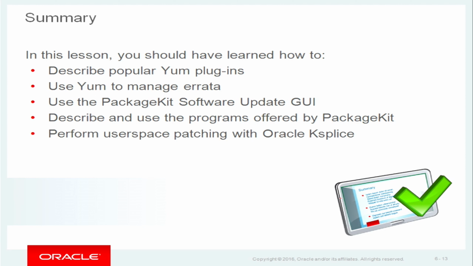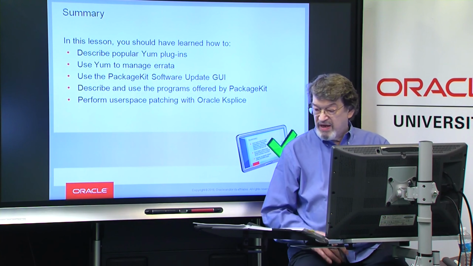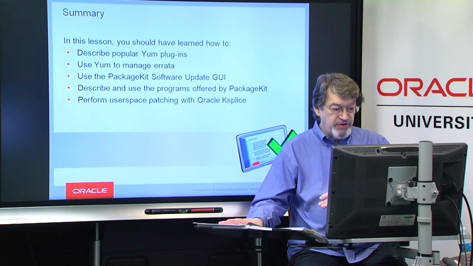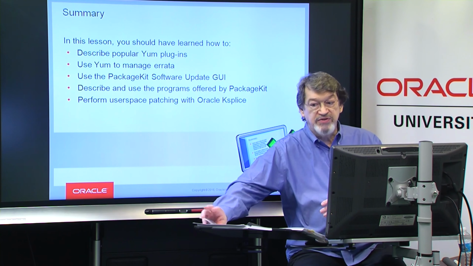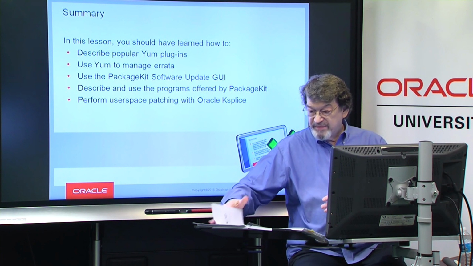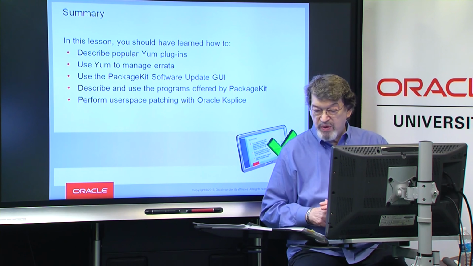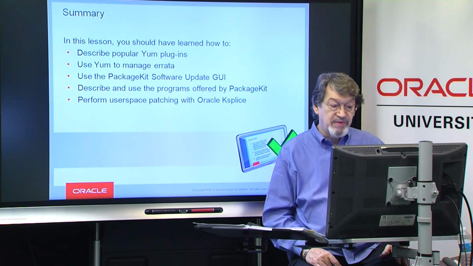You don't have to apply them all, particularly when there's 500. That's nuts. And then lastly, this new tool, user space patching, available in Oracle Linux 7 currently, but maybe being backported to the other environments.